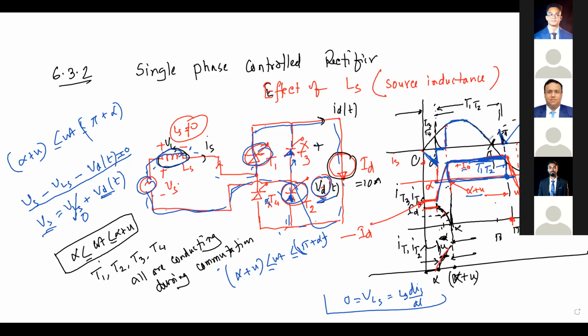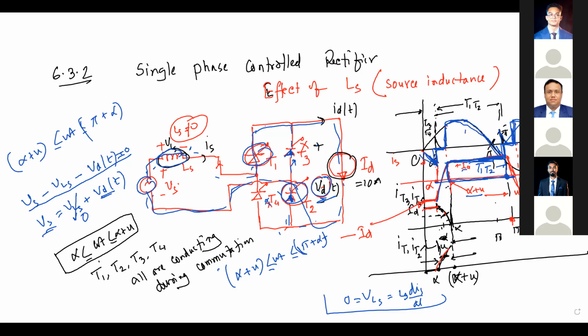Going here, again this commutation occurs. We will not get any voltage here. And then we shall get it. You got my point? Yes, sir. So that will be the wave shape of the output voltage.